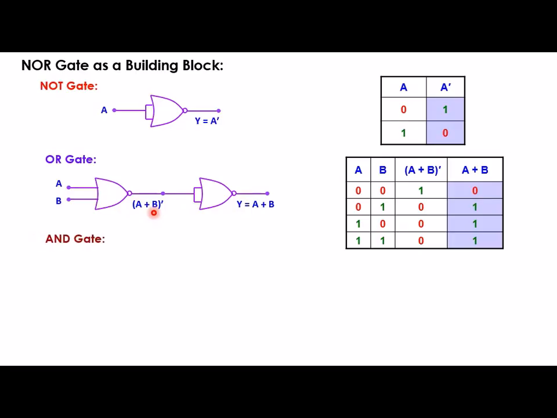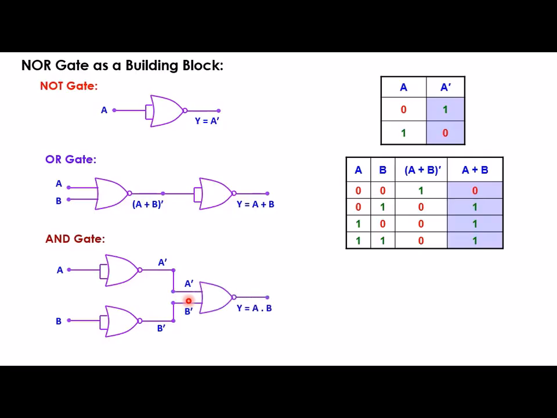Similarly, we can realize an AND gate also using a NOR gate, and the circuit diagram for that is this one. Take two NOT gates you have got from NOR gate, join their inputs and give two different inputs A and B. That means you use two NOT gates which you have obtained from NOR gate, and the output of those two NOT gates you feed to another NOR gate.